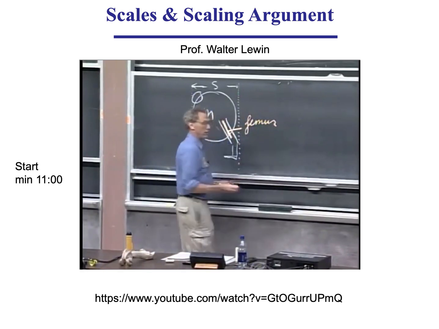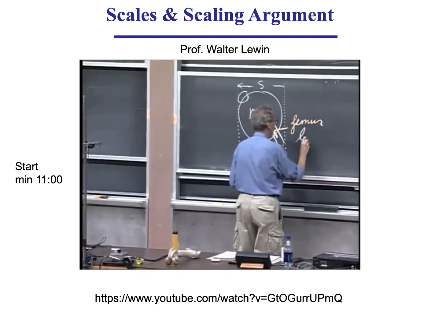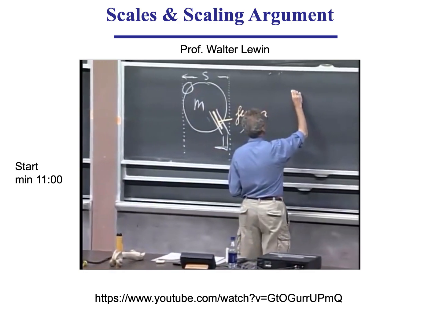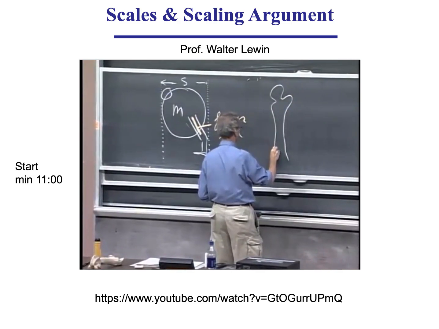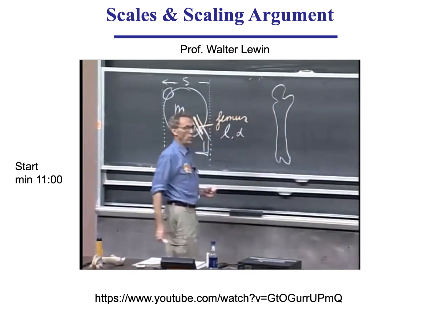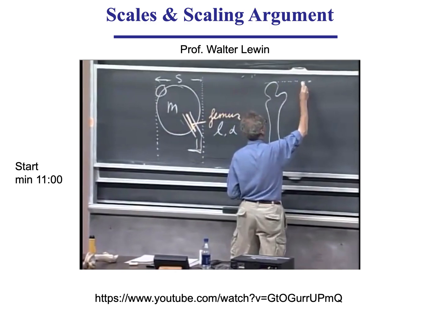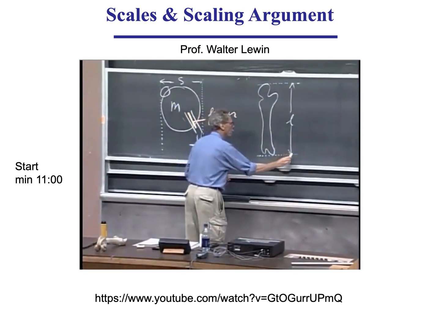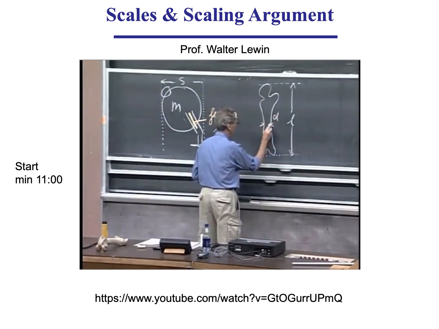And the femur, of course, carries the body to a large extent. Let's assume that the femur has a length L and has a thickness D. Here is a femur. This is what a femur approximately looks like. This would be the length of the femur, and this would be the thickness, D, and this would be the cross-sectional area, A.